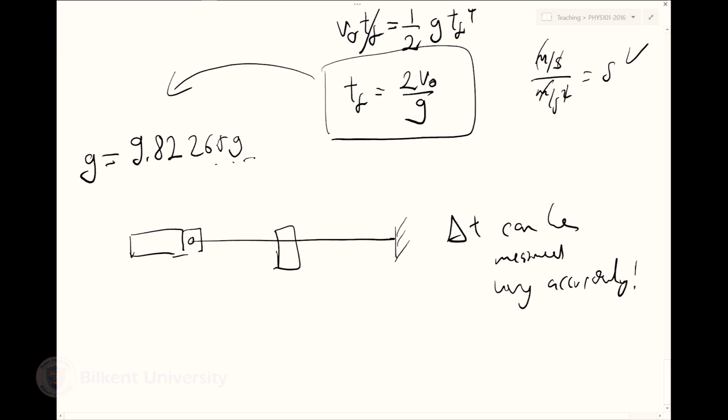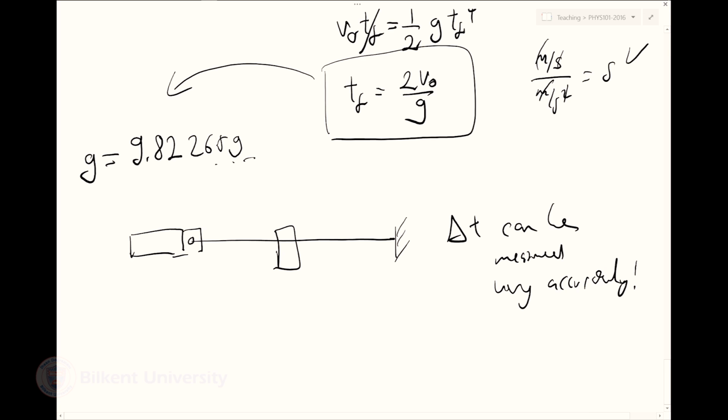I want to improve the accuracy of my measurement. And for that, I need to tie this quantity to easily measurable quantities. One thing, as I said, that can be measured very accurately is time differences. Another thing that can be accurately measured is the distance, length between two objects.